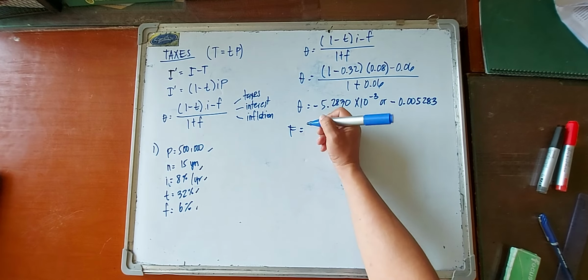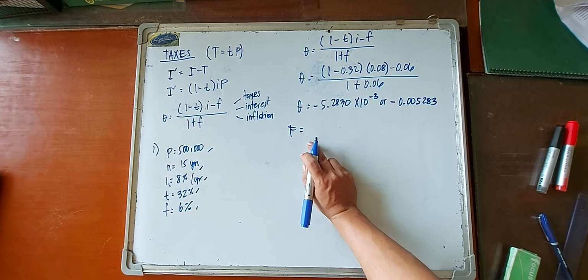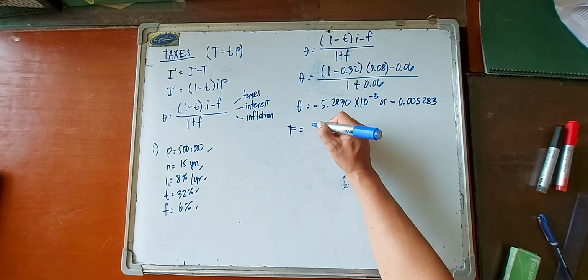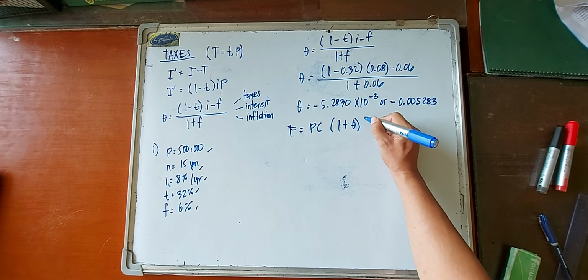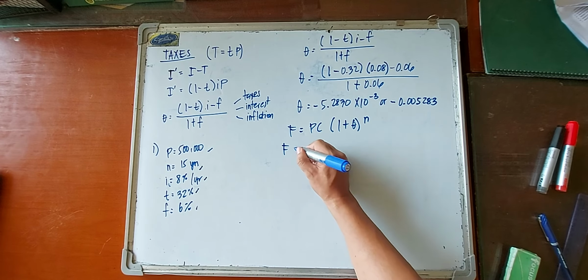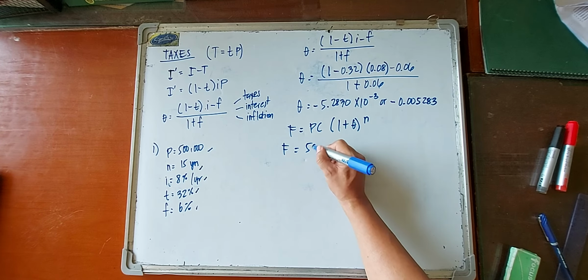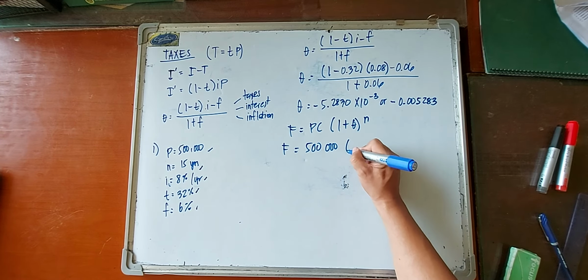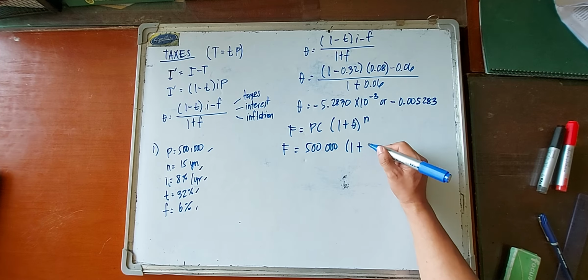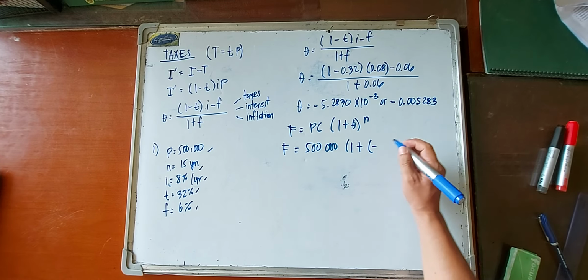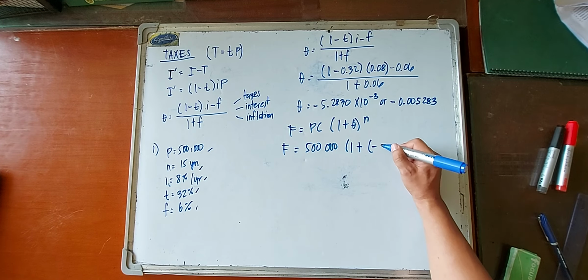So the future value then of the investment is equal to present cost is 500,000. Negative yung composite interest rate natin.